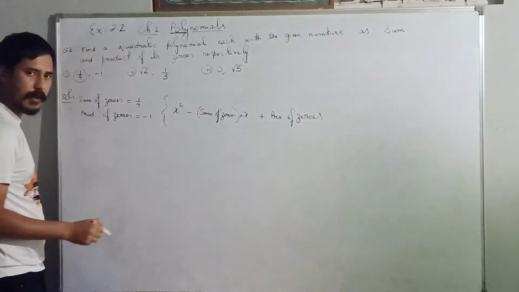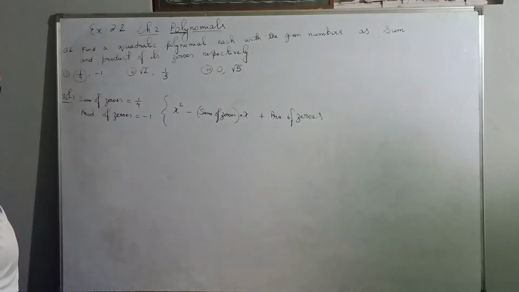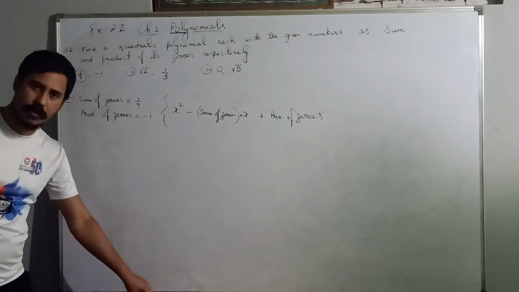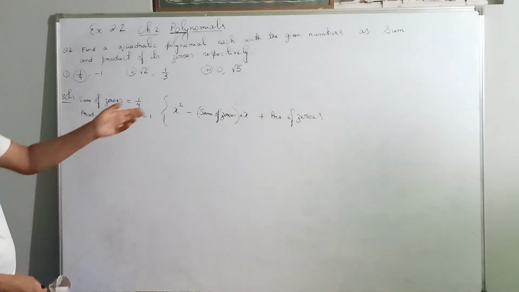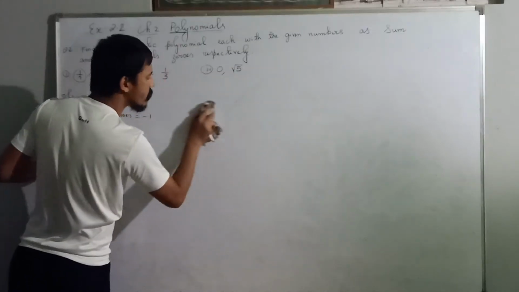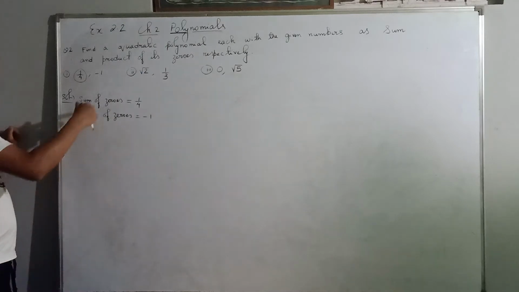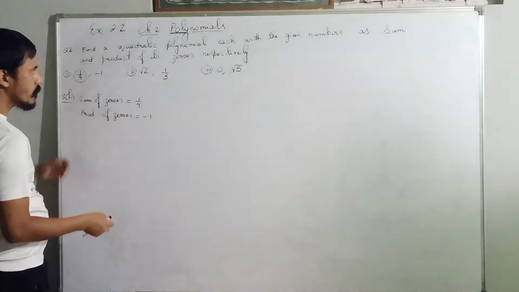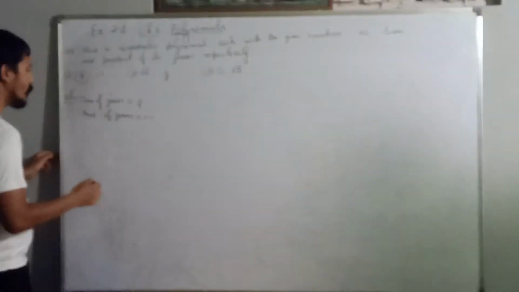This is the formula for finding a quadratic polynomial if the sum of zeros and product of zeros are given. The same formula we use if the zeros are given as well. So the sum and product of zeros are given, and we need to find the quadratic polynomial.